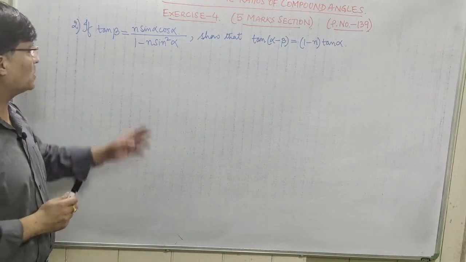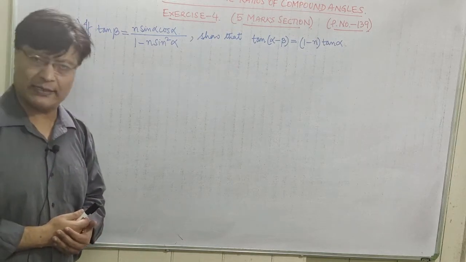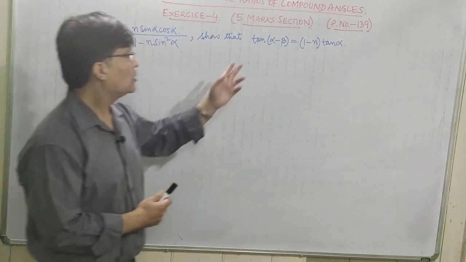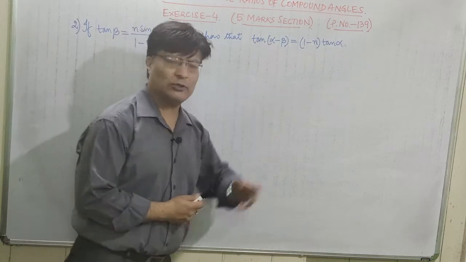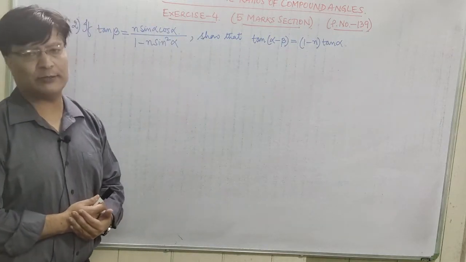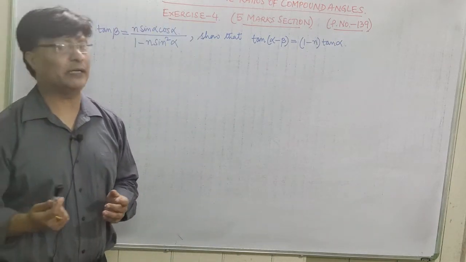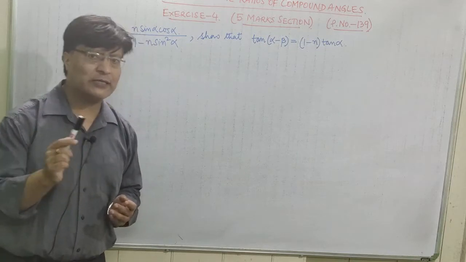So in the given part, the value for tan beta is given in terms of sin alpha and cos alpha. So how can you prove this LHS is equal to RHS? On the left hand side, there is tan of alpha minus beta, and in this case, you can use the formula of tan of a minus b. So what is tan of alpha minus beta?